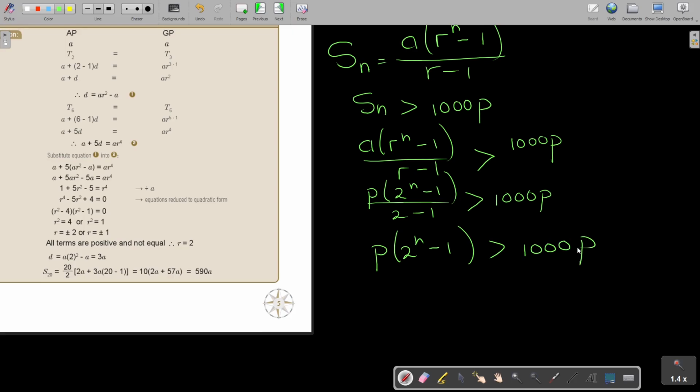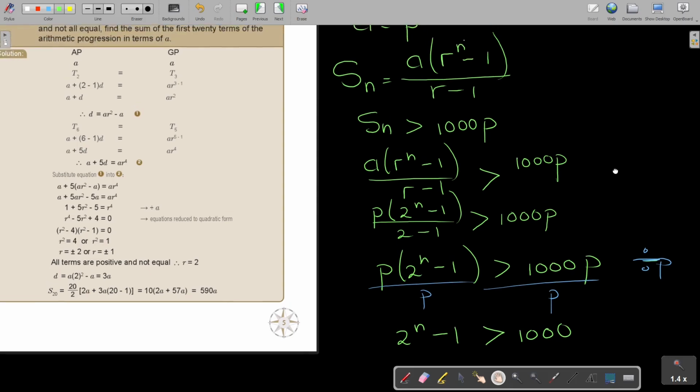Because this is 1, I divide both sides by p. Then I'm getting 2 to the n minus 1 is greater than 1000. But what is the question asking me?